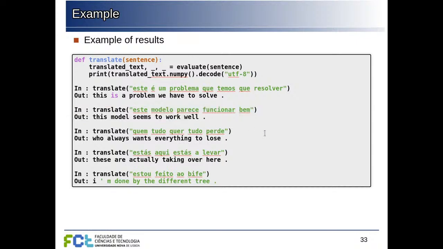Of course, when we come to idiomatic expressions, for example, "quem tudo quer tudo perde", who always wants everything loses, this seems a bit close, but it's strange. "Estás aqui, estás a levar", these are actually taking over here, so this is not even close. And "estou feito ao bife", I'm done by the different tree. I don't know why this translation appeared like this, but the interesting thing is that idiomatic expressions are very hard to translate. These would be the hardest examples.